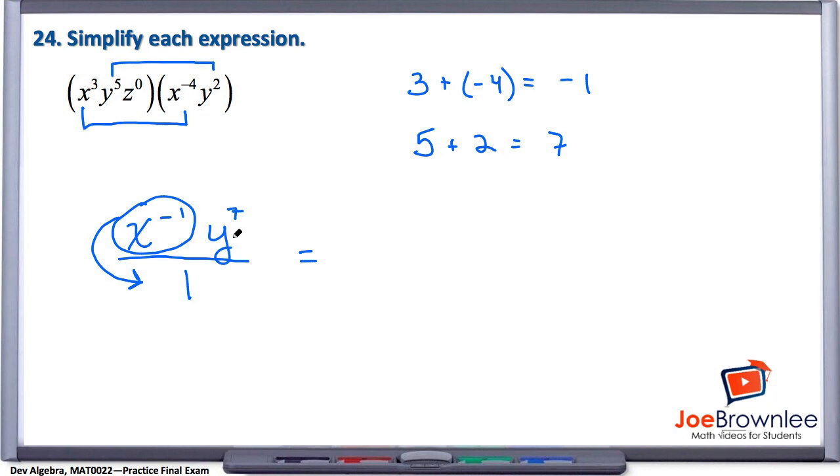So we didn't touch this y to the 7th, so that will remain upstairs in the numerator, but we did move this x to the negative 1 downstairs, and that will change the exponent from being negative to positive, so this is now a positive 1, but we're going to get out of the habit of writing the exponent if it's a positive 1. And so in this case, for number 24, our final answer is y to the 7th over x.